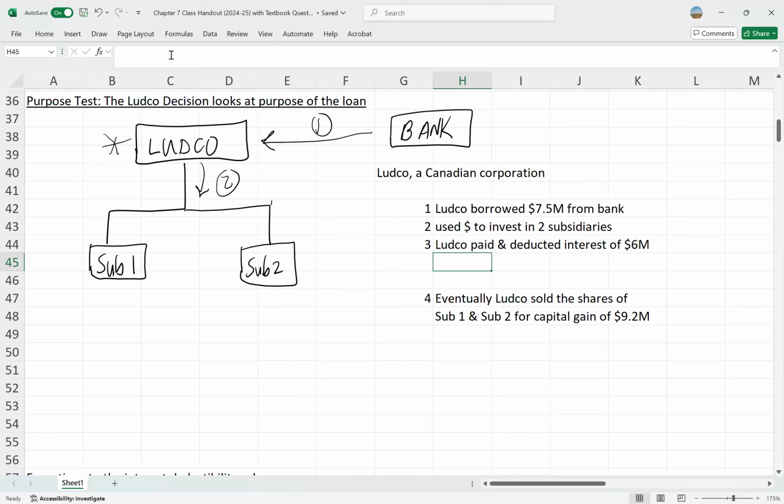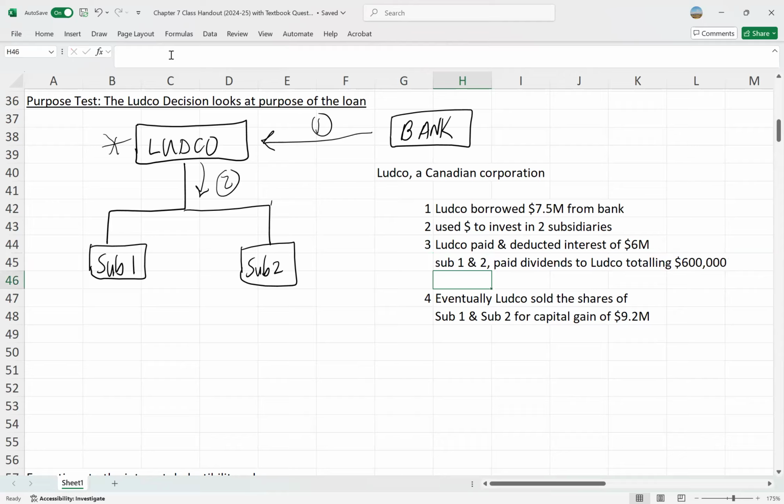They paid interest on the loan and deducted it, which was $6 million. And the subsidiaries paid Lutco dividends. Sub 1 and 2 paid dividends to Lutco, totaling $600,000.